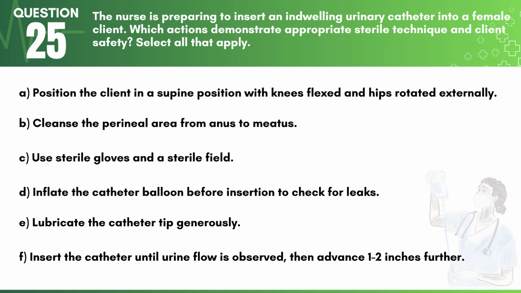B. Cleanse the perineal area from anus to meatus. C. Use sterile gloves and a sterile field. D. Inflate the catheter balloon before insertion to check for leaks. E. Lubricate the catheter tip generously. F. Insert the catheter until urine flow is observed, then advance 1 to 2 inches further.